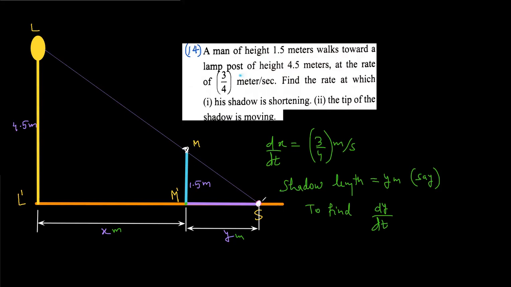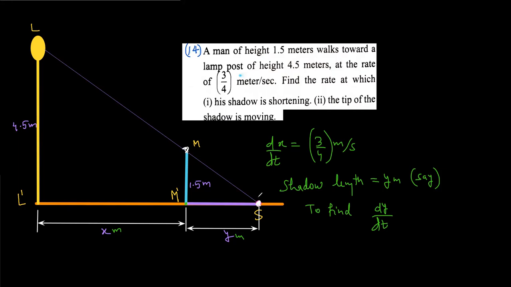If it is the shadow of the sparrow, you cannot take it as the man's shadow, because the shadow of the sparrow is a point shadow. And remember, the shadow of the sparrow will move, and the cause of that movement is the man walking and also the height of the man.